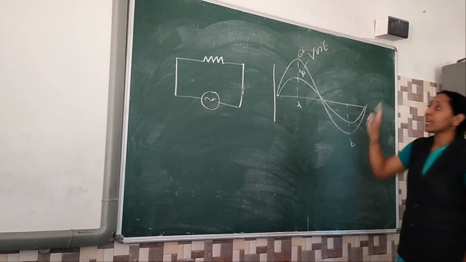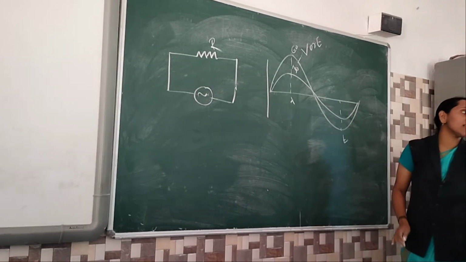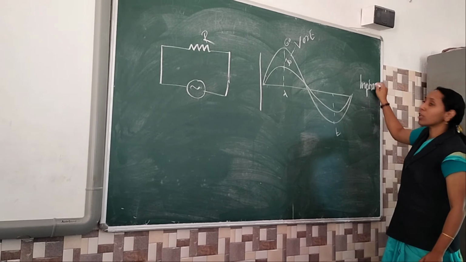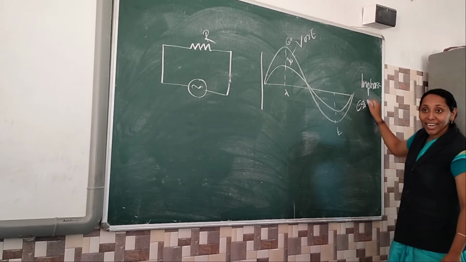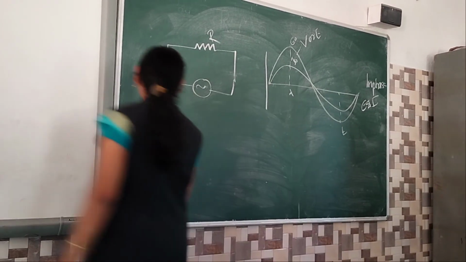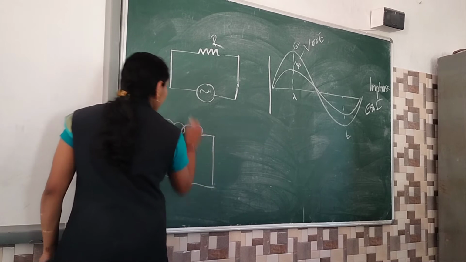In the resistor only this will happen, so only resistor in the circuit both are in phase. Which both? E and I both are in phase.